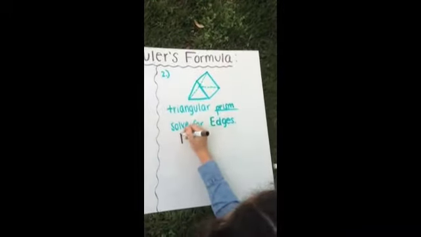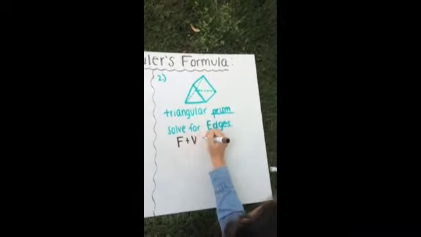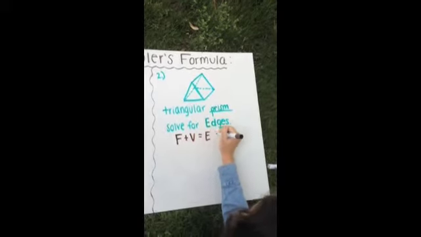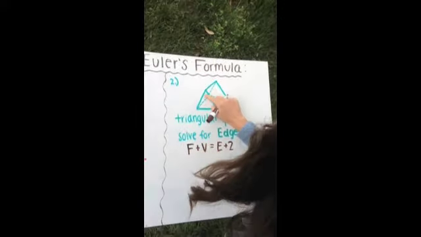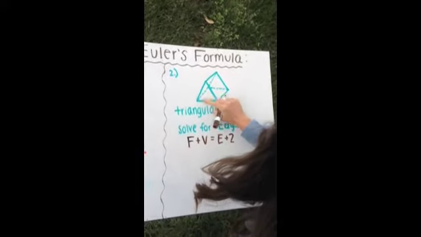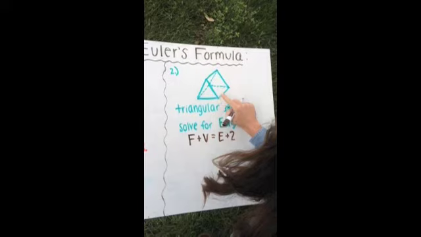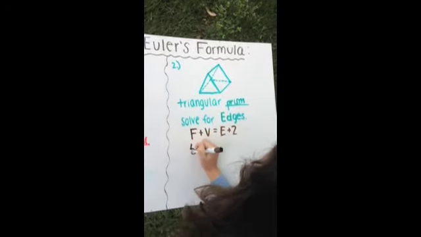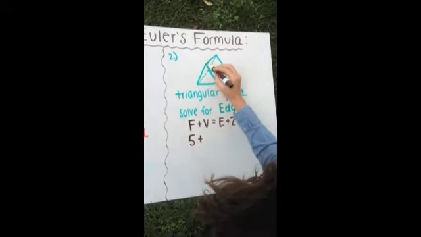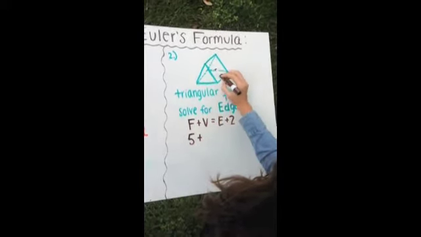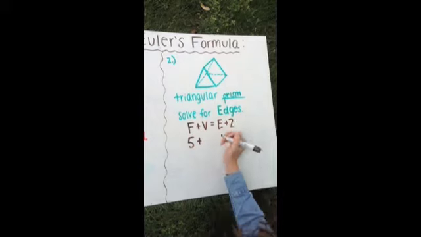The formula goes F plus V equals E plus 2. Now we know the faces. We have 1, 2, 3, 4, 5, plus 1, 2, 3, 4, 5, 6 vertices.